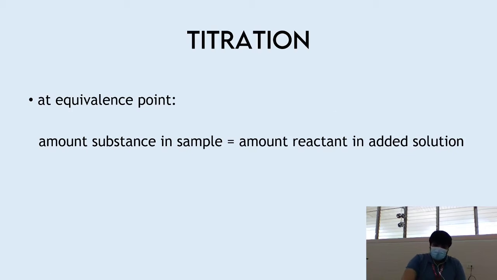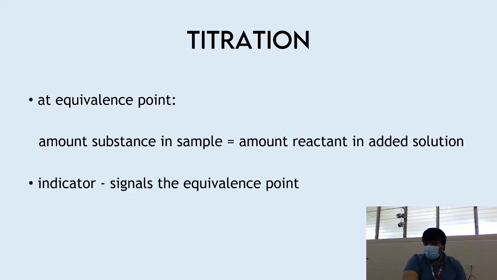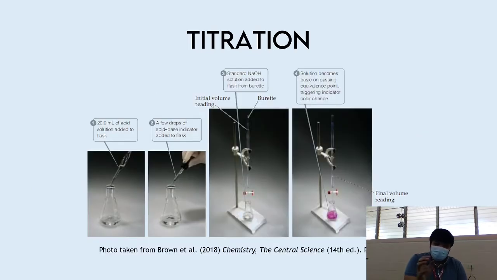Okay, so how do we know if the equivalence point has been reached? We add indicators to our reaction solution because they indicate when the equivalence point has been reached, usually through a color change. So for example, in this titration of an acid with a base, we have 20 ml of acid added to a flask.